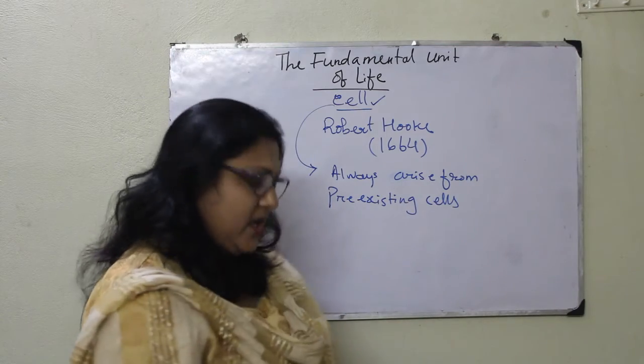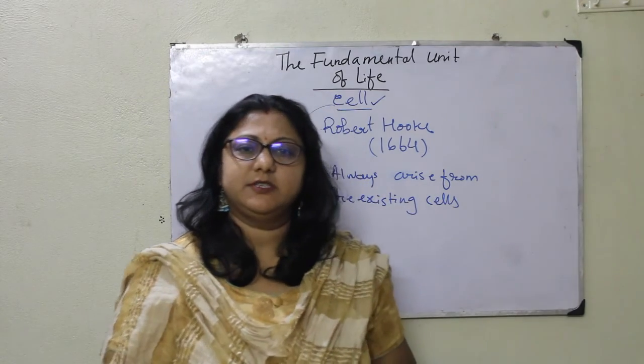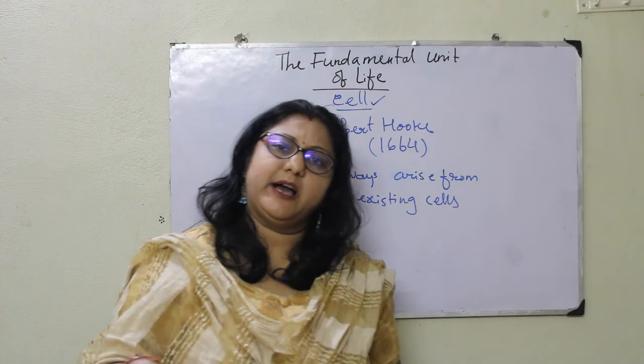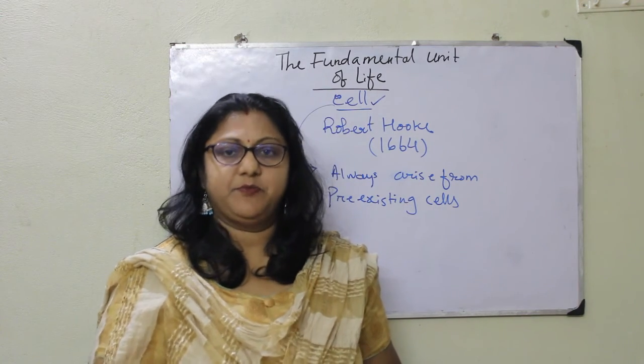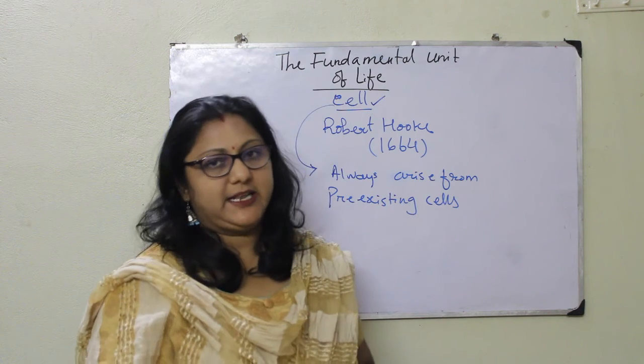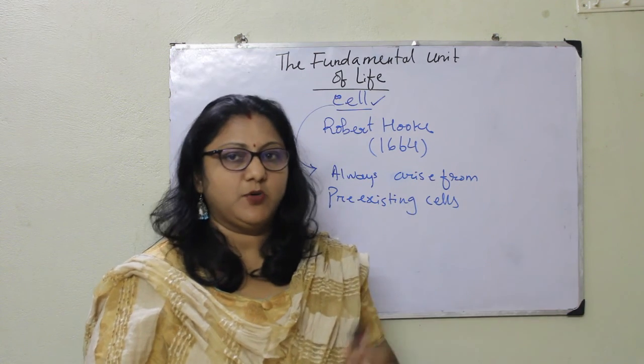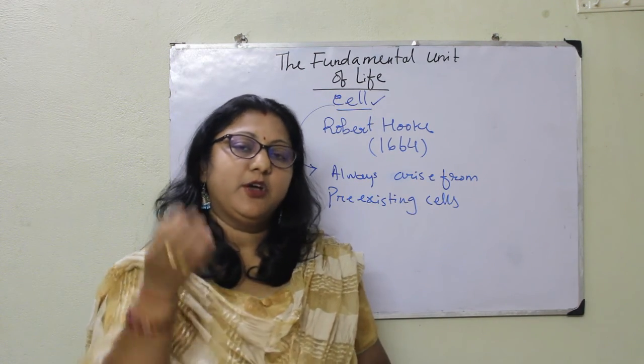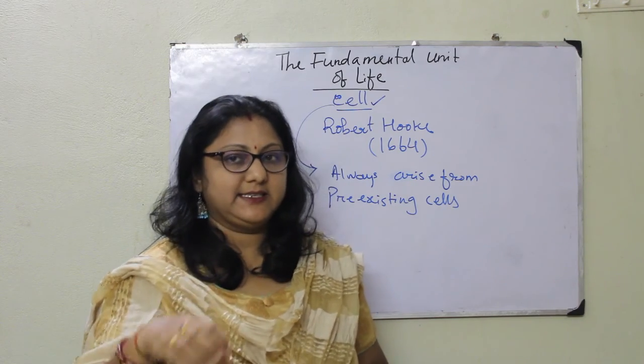That means for a cell to be formed, there should definitely be another cell existing. A previously existing cell must be there for getting a new cell. So cells cannot come from some outer world, they have to come from a previously existing cell.